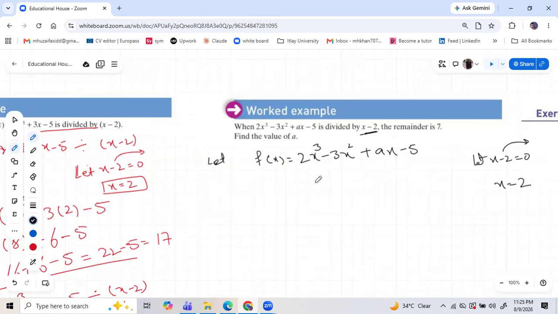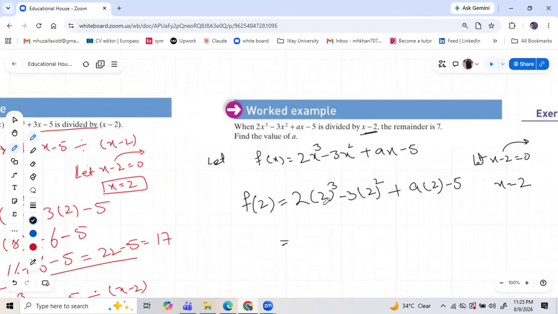As you know, if we divide it whole by this one, this is also equal to the remainder. So I'm putting it here, replacing x with 2, so this is your 2 into 2 cube minus 3 into 2 square, plus a of 2 minus 5.